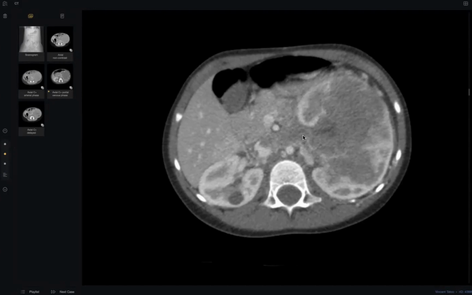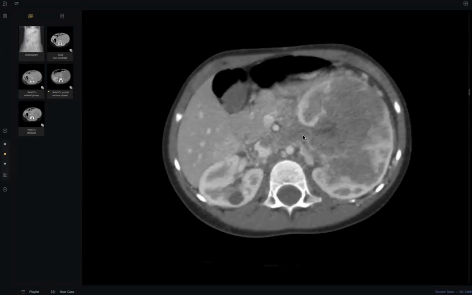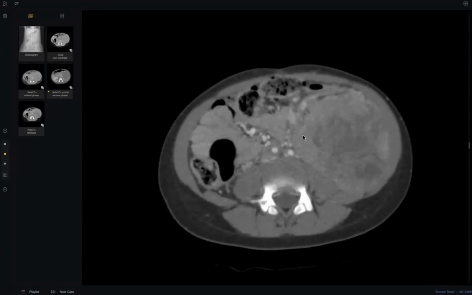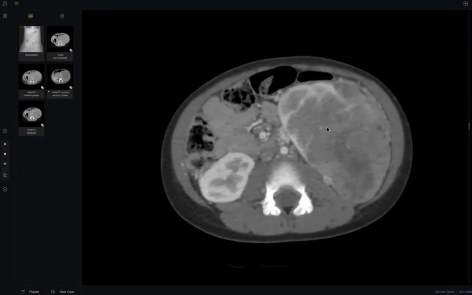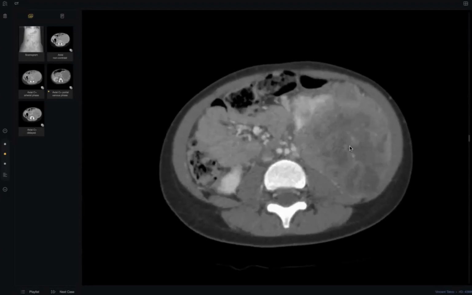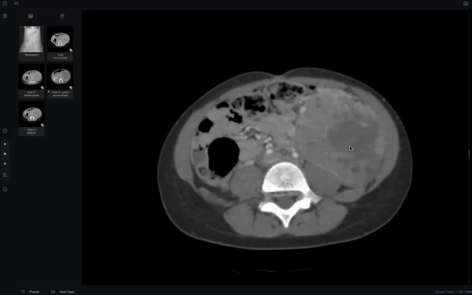Doctor, if it is a case of Wilms tumor, why? Look here, the mass is inside the kidney. No need even to talk about the claw sign, although it is present, it is very obvious. Large, not crossing the midline. And what about the vessels? Look here, it is just displacing the vessels, whereas neuroblastoma encases the vessels.